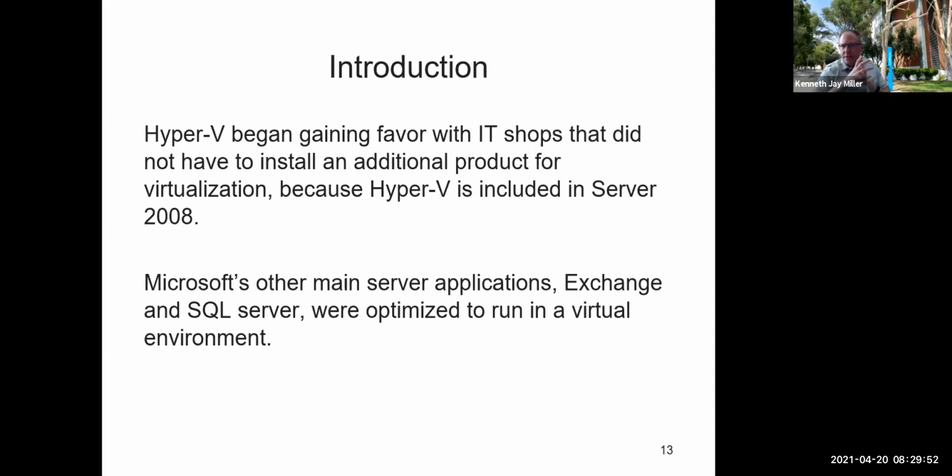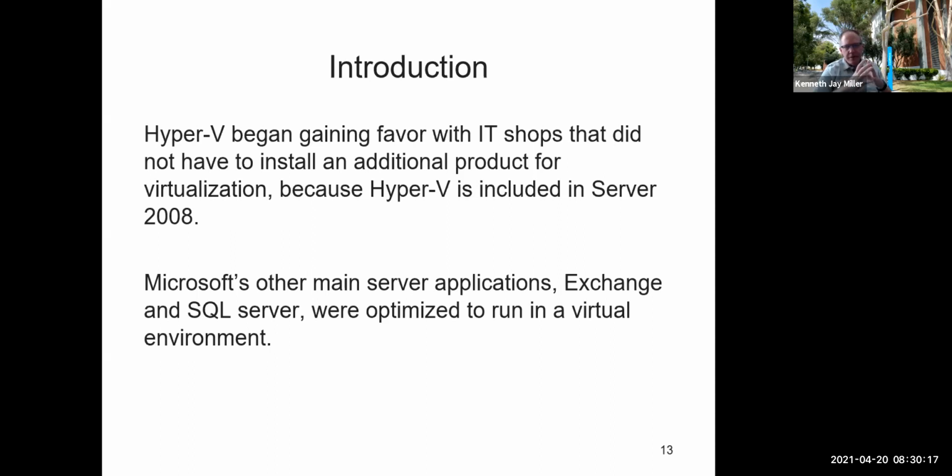Do I have a server I can boot into VMware and designate just for virtualization? You don't need to do that because if you already have Server 2012, 2016, 2019, 2008, or above, it already has Hyper-V included. So you don't have to go buy anything or configure anything.